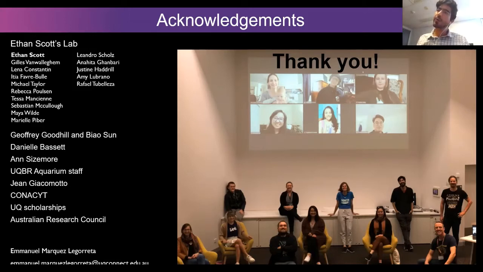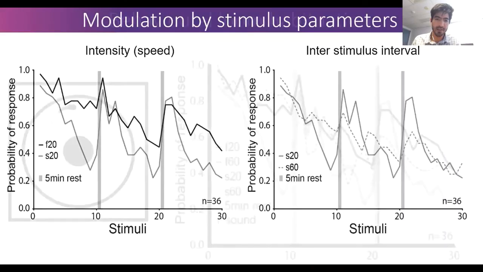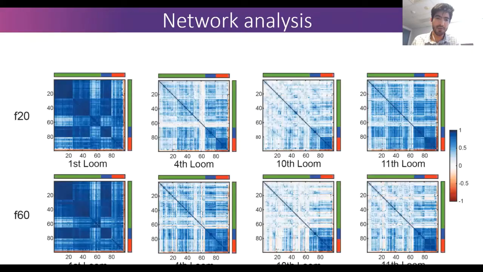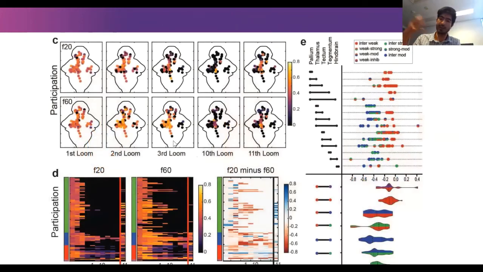And then on the network differences, we analyze them in different ways, and I will try to show some of them very quickly. For example, the participation level is a way to analyze the activity of the network.